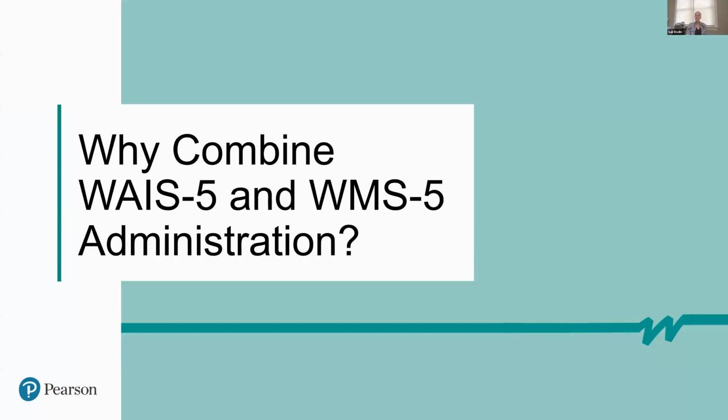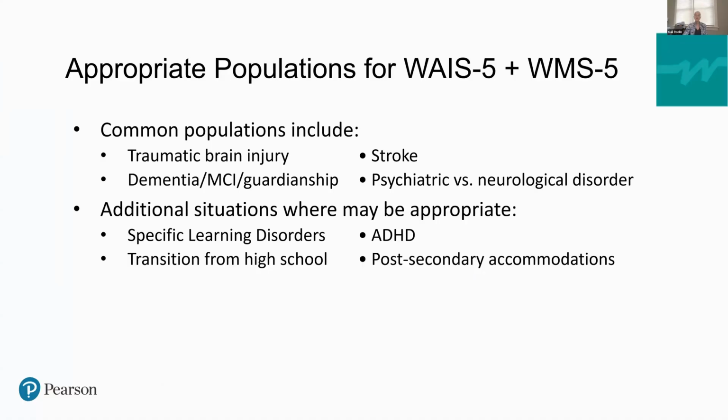First, let's talk about how examiners benefit when the WAIS-5 and WMS-5 are both included in an evaluation. Populations for which we commonly think to include the WMS-5 in our battery include TBI patients, those who've suffered a stroke, or other neurological conditions that affect the brain.